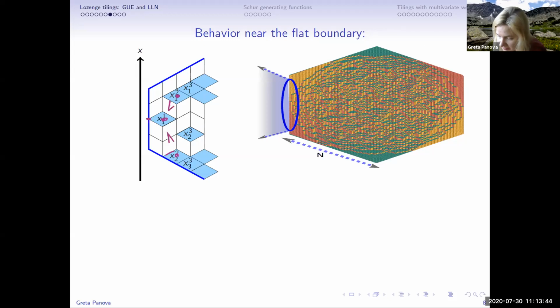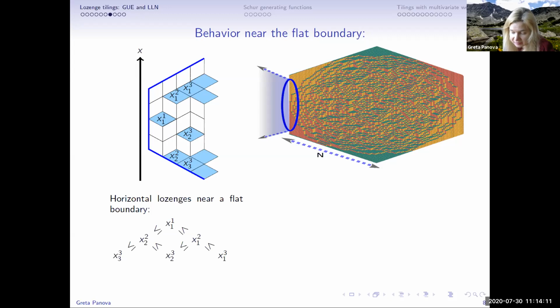Sorry, I cannot erase here. So this is how these conditions look. And we can ask about the joint distribution of these positions of the horizontal lozenges near the boundary.